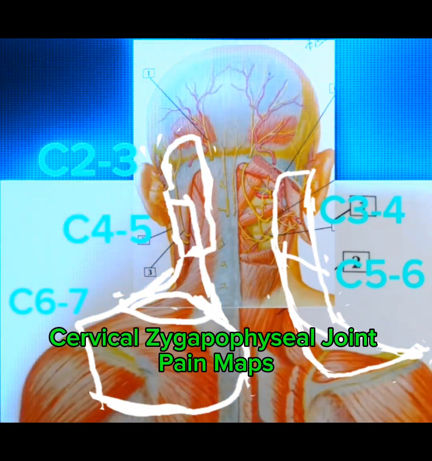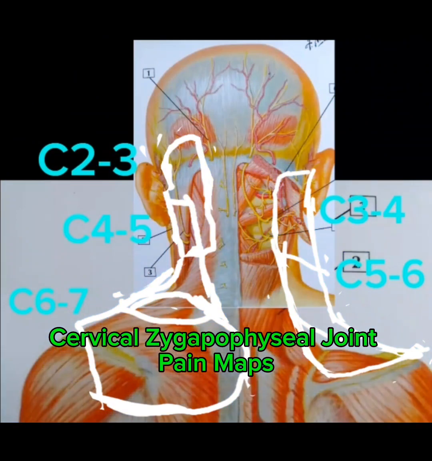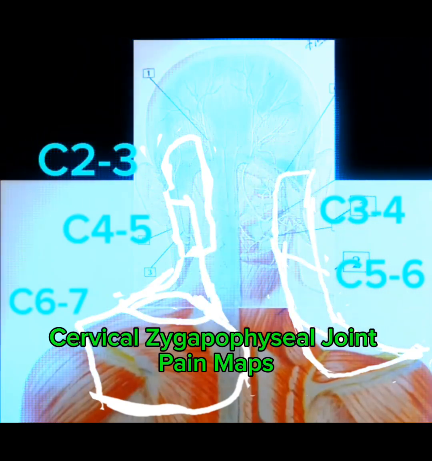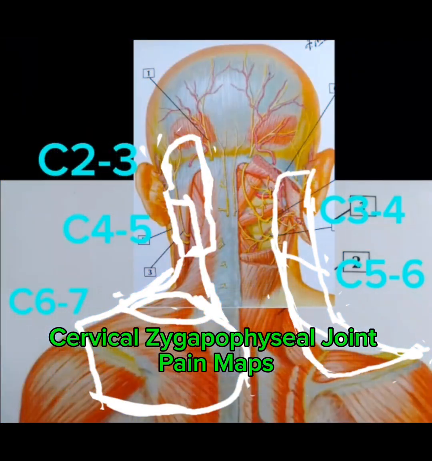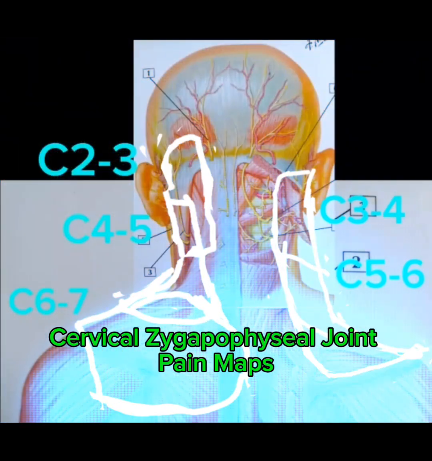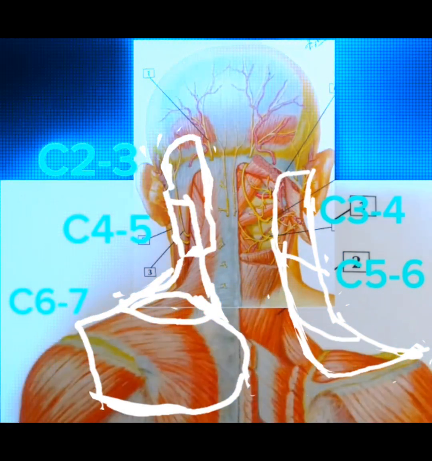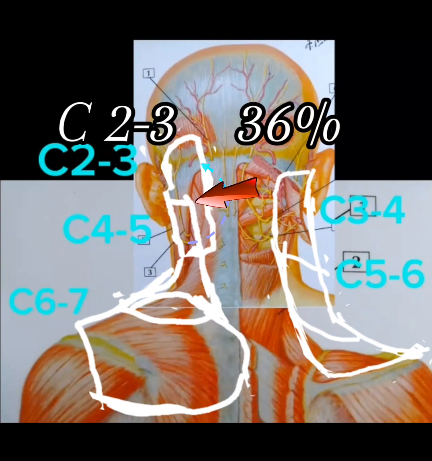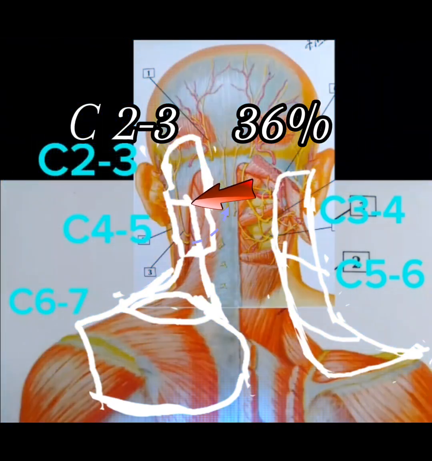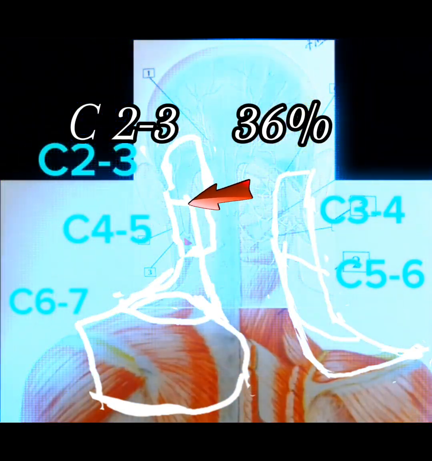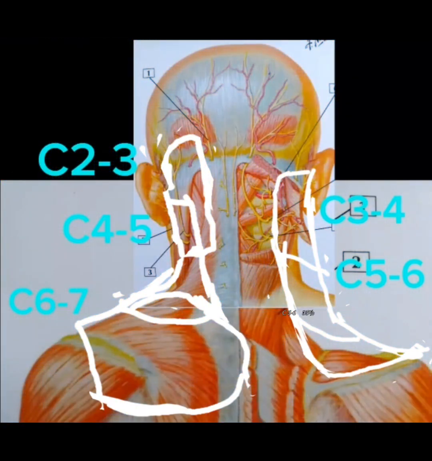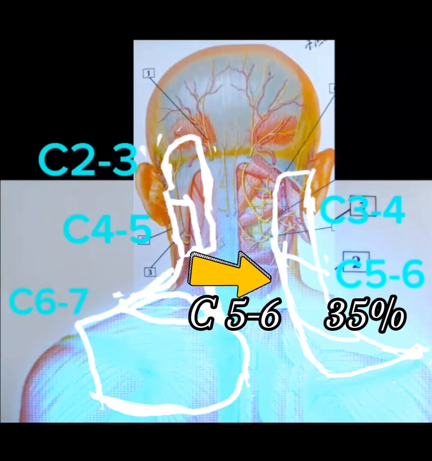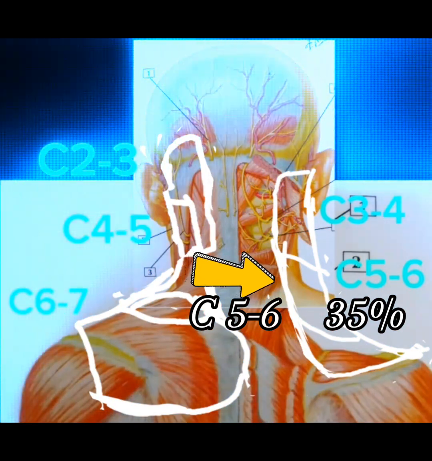Research indicates that the C2-3 joint is the most commonly symptomatic level for cervical zygapophyseal joint pain, accounting for 36% of cases, followed closely by the C5-6 joint at 35%.